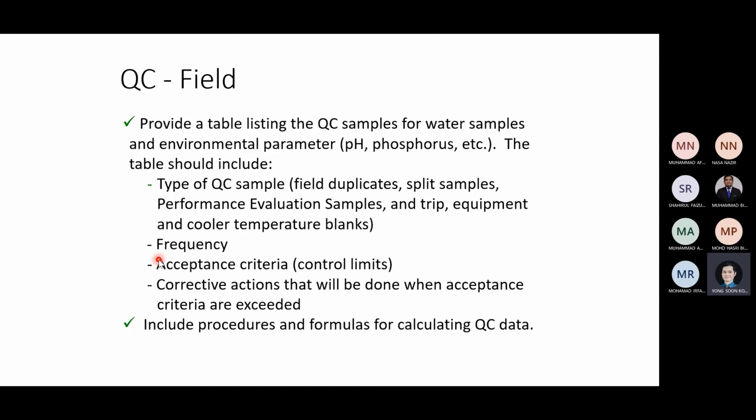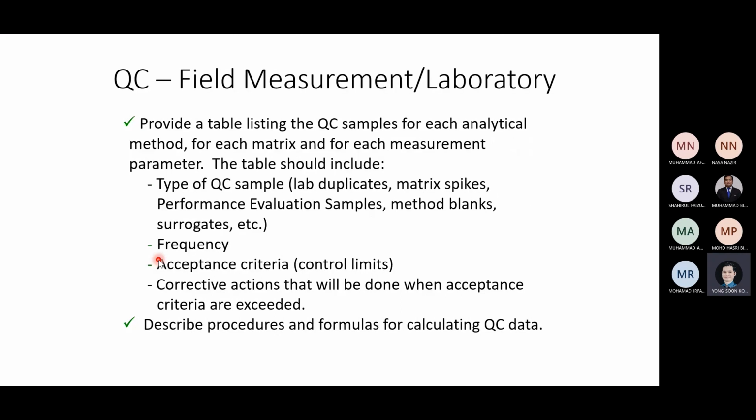But there is a way. If the field QC is done properly, you don't even need to go back to the site for another round of sampling. You can just quantify the error and do correction if the QC samples are done correctly. So that is one of the benefits of having QC in place.